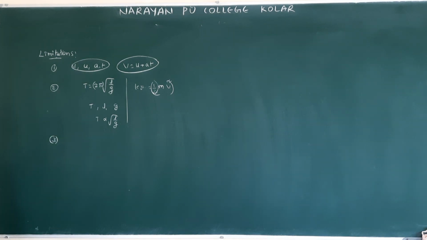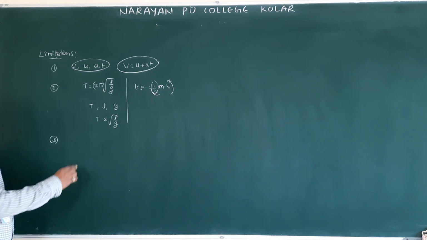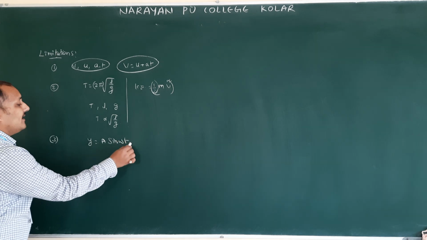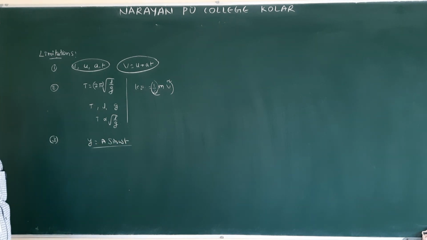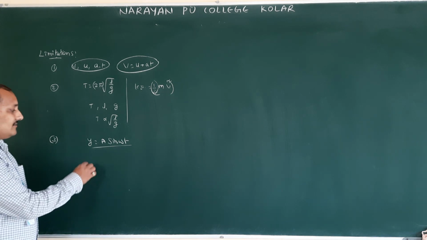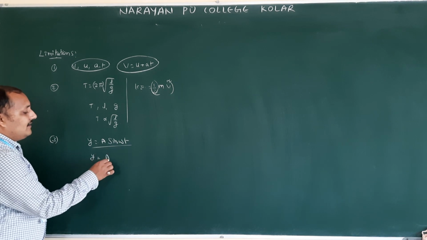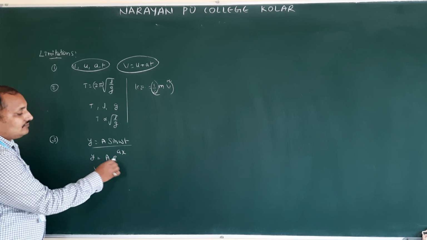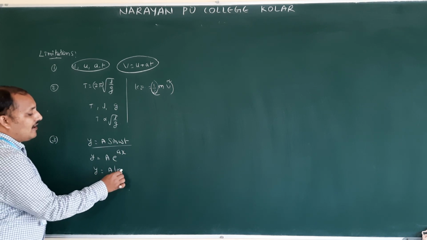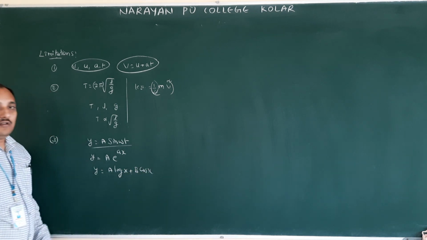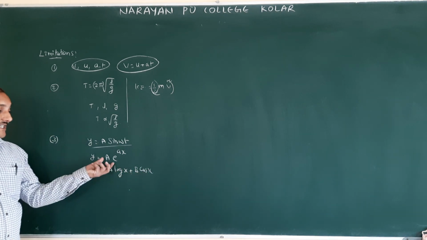Any trigonometric functions, logarithmic functions. Let us assume I give one equation, which you will get in SHM, simple harmonic motion: Y is equal to A sin omega t. Another relation is A into e power ax. Another one is A log x plus B cos x. I am just giving examples.